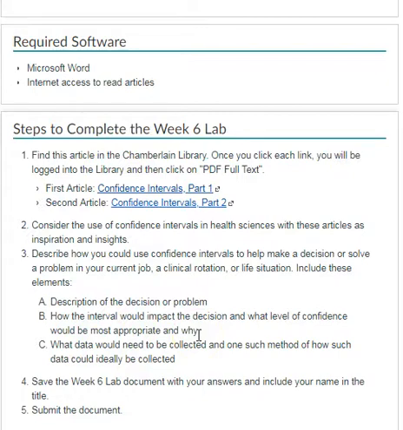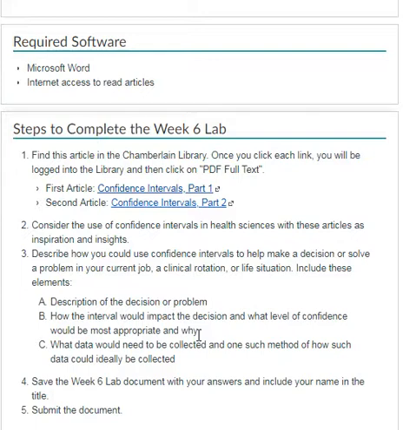And I'll talk more about this as I do a video demonstration of confidence intervals. But in a nutshell, as the confidence level goes up, the interval gets wider and less precise. As confidence level goes down, the interval is narrower and more precise.